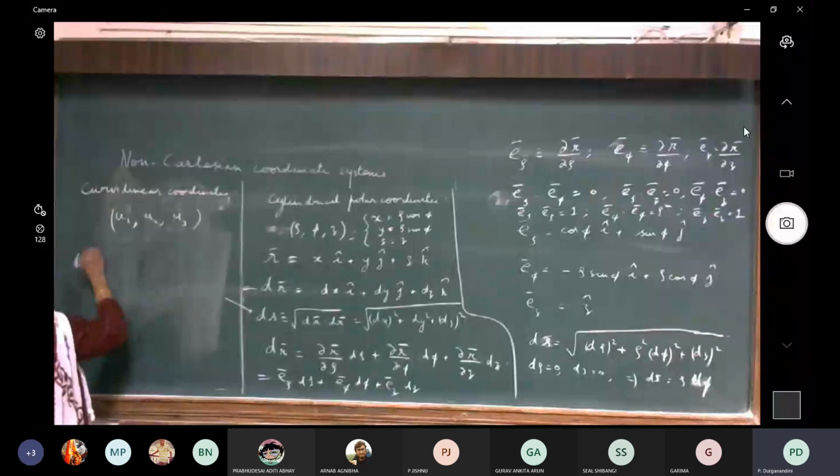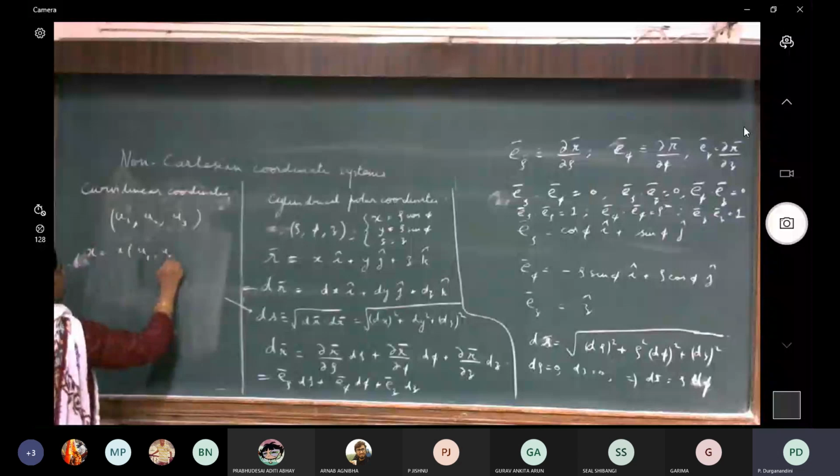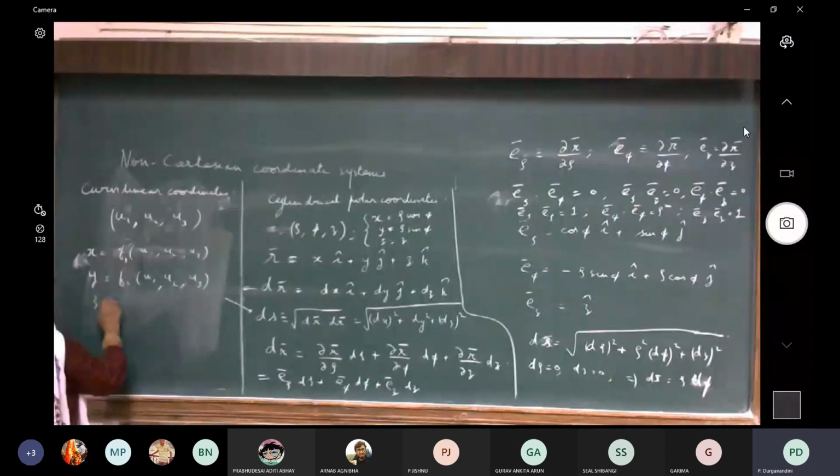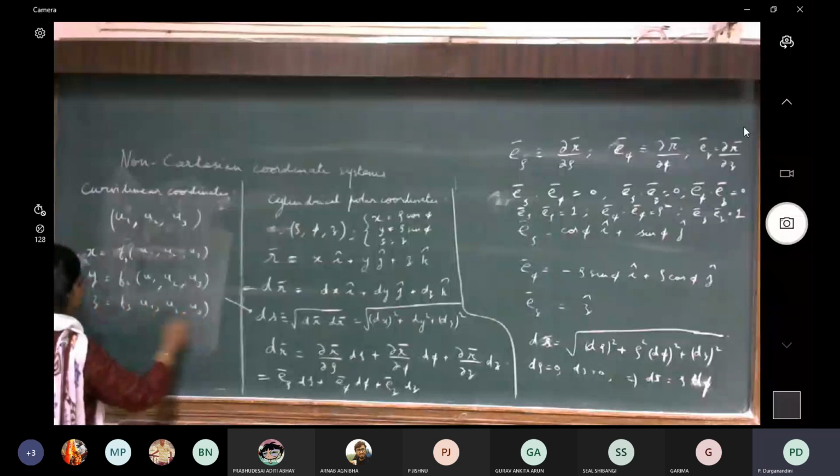So I have functions, then x will be some function of u1, u2, u3, so it's f1, and y will be similarly f2 of u1, u2, u3. So this is the transformation which will take you from x, y, z to u1, u2, u3.